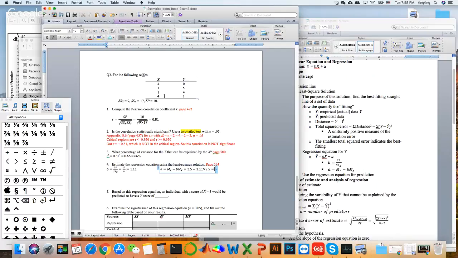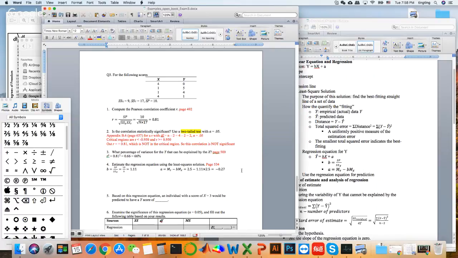So a equals negative 0.27. So the linear equation, which is y equals 1.11x minus 0.27, just put the b and a into this linear equation.